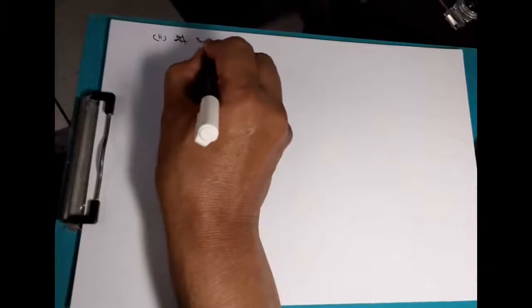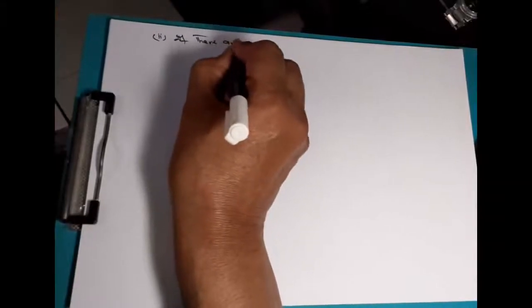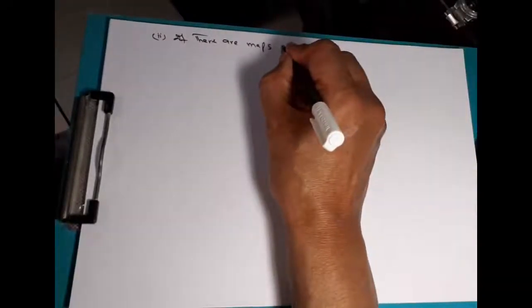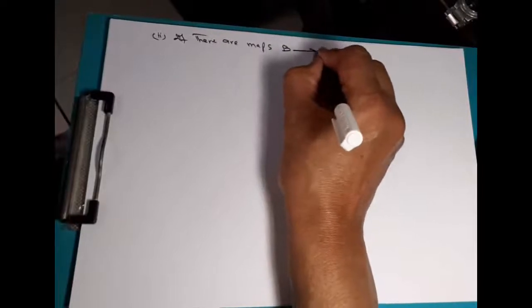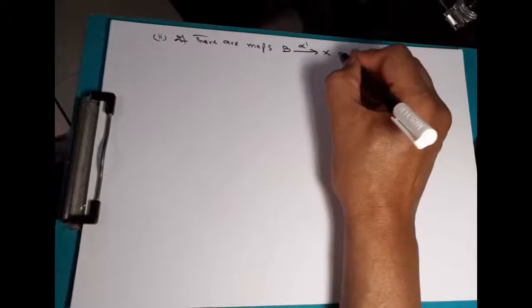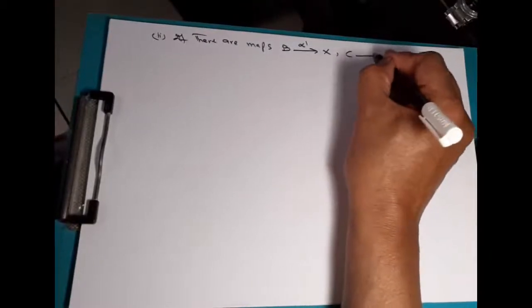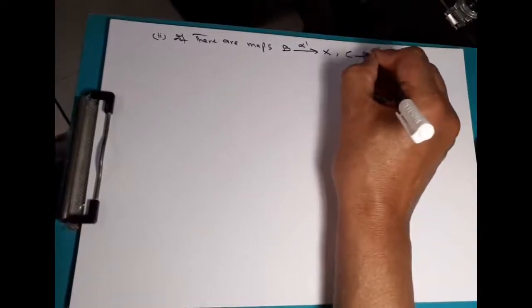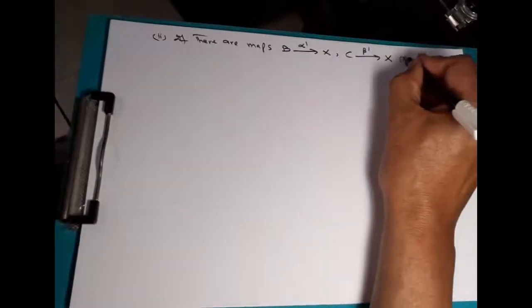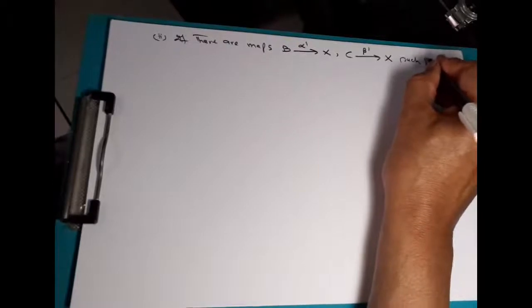if there are maps from B to X, we denote it by alpha dash, and from C to X we denote it by beta dash, such that you know the conditions.